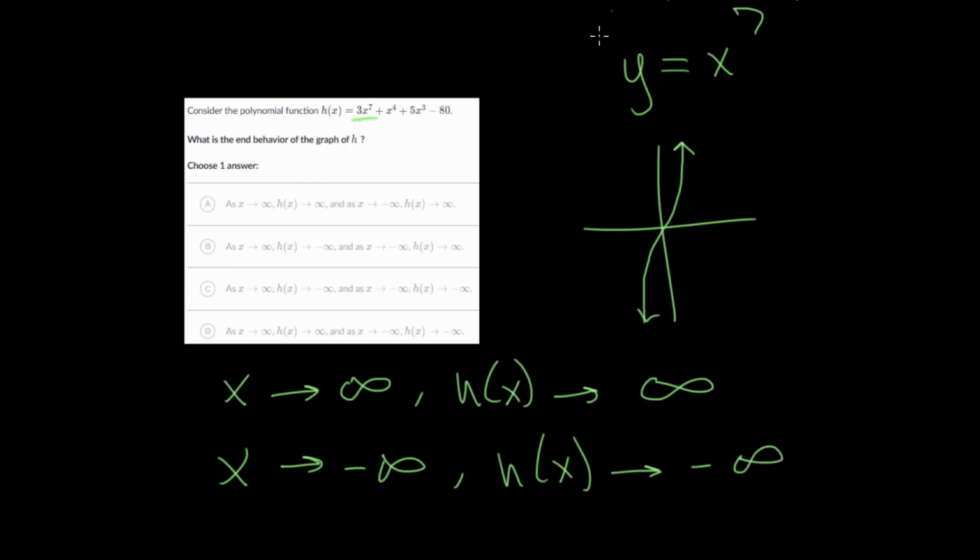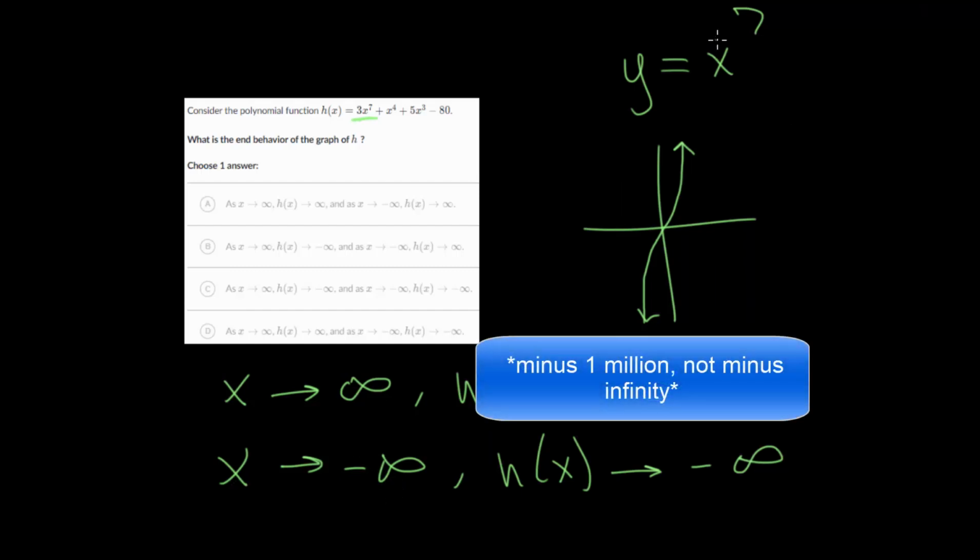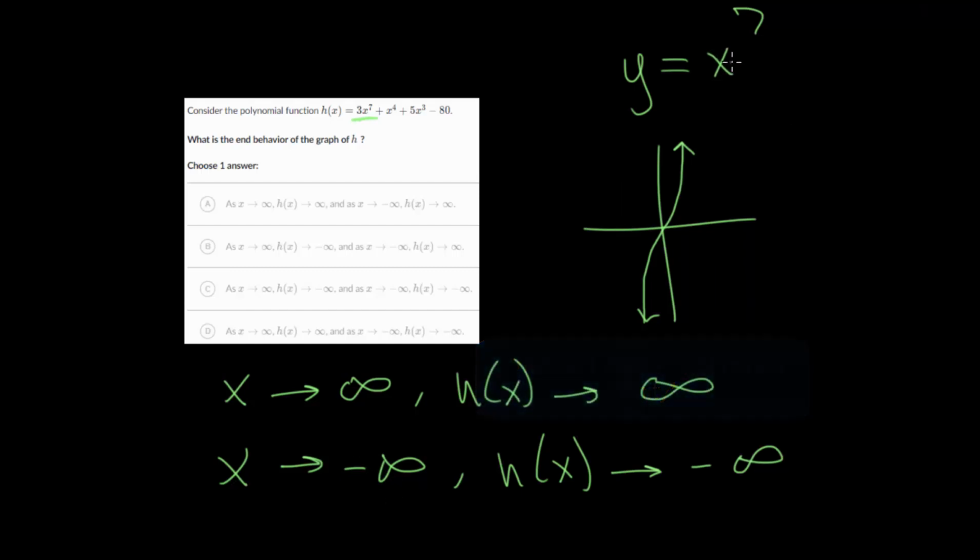Now, you don't always have to rely on the parent functions. You can also just plug in bigger and bigger numbers and see what happens. So as you plug in, let's say, a large positive number like a million to the seventh power, that is a very large positive number. Whereas when you plug in a large negative number like minus a million, it's still going to be a large value, but in this case it'll be negative since you're going to have that number multiplied 7 times.